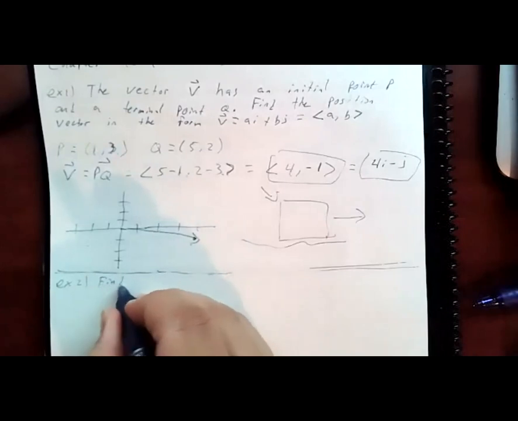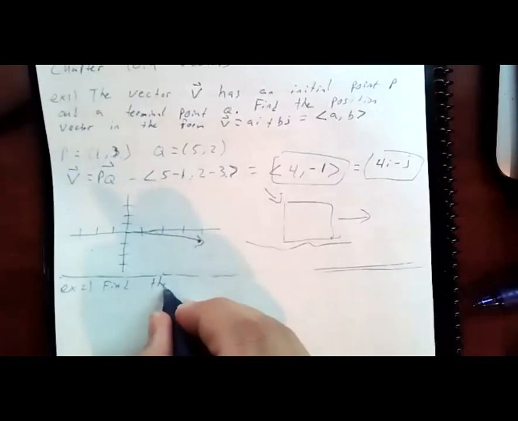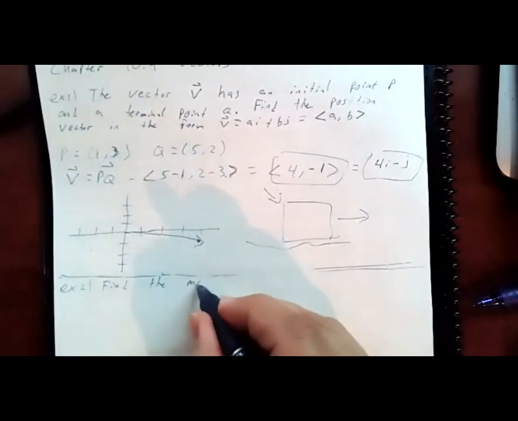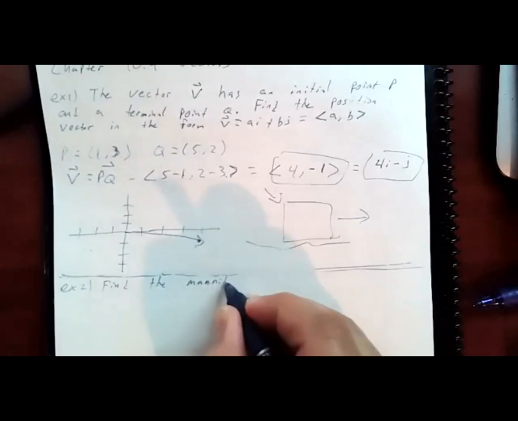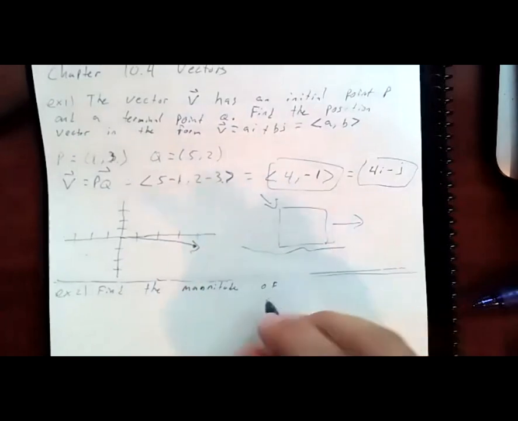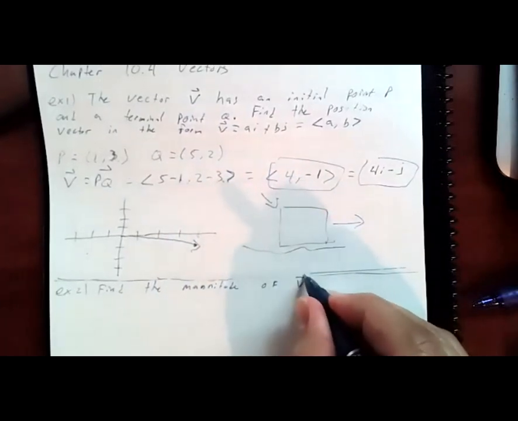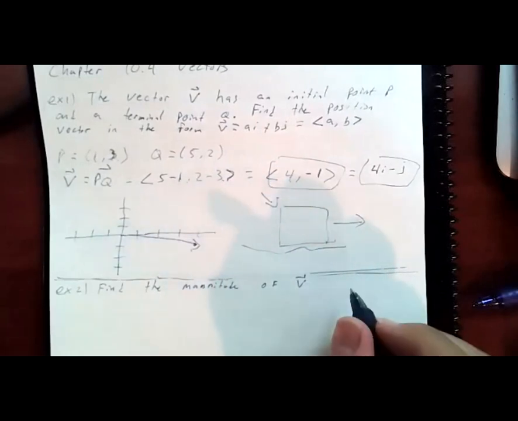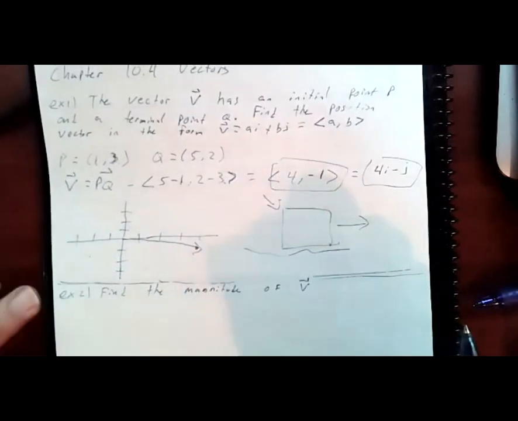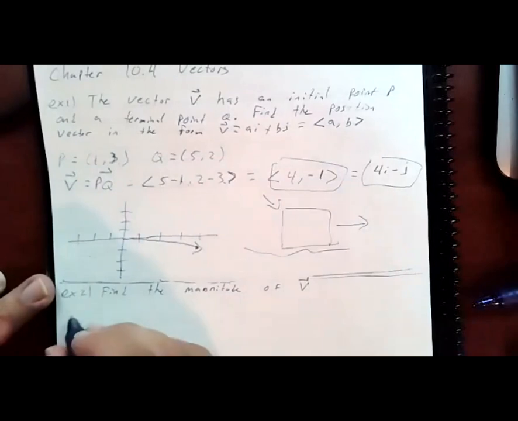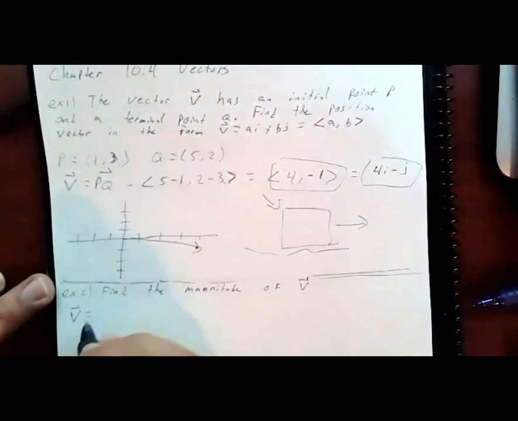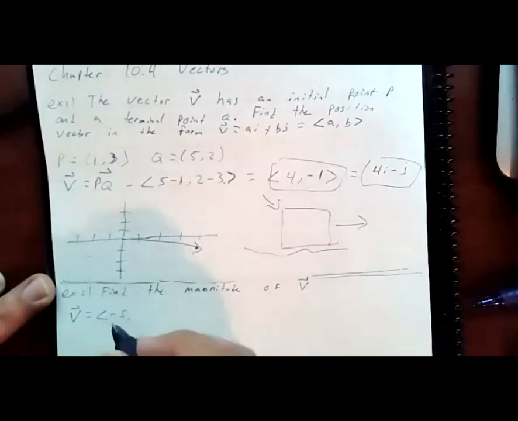So find the magnitude of V. Let me first write down V. It's -5, comma, 12.